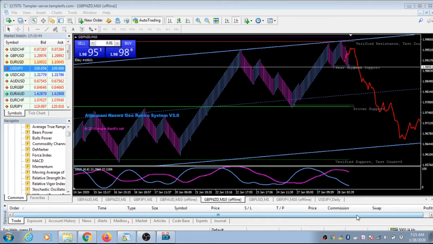That's why I used geometric mathematics to develop my system, and it was a bit tedious, because I remember even when I started developing my system with a standard Renko, just to get a prototype I developed 102 versions, and then afterwards I developed 48 versions to arrive at version 2.